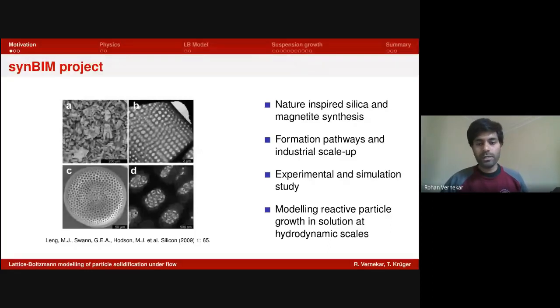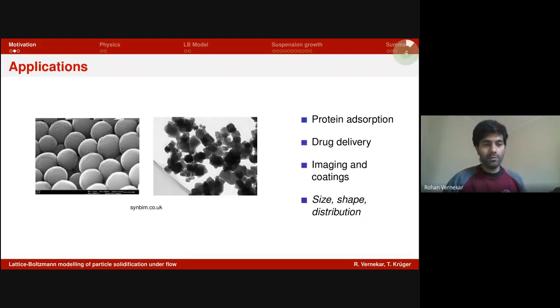The project involves both experiments and simulations. And my role in the project is essentially to do modeling of reactive particle growth in solution at the hydrodynamic scale. Now, the nanomaterials have a lot of applications, such as in drug delivery or imaging.